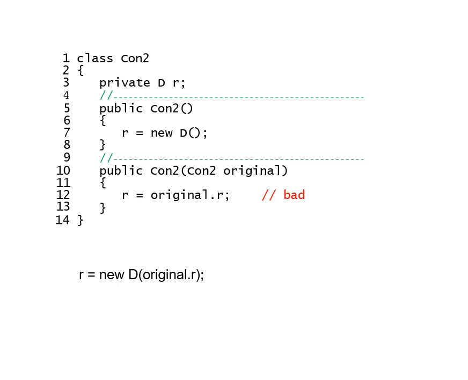So we get a brand new D object, and then we assign it to R, which is the R in this new copy one. So this constructor, that whole mechanism, new con2, returns to main the pointer to this second con2 object, which is completely distinct from the original, but identical to it.